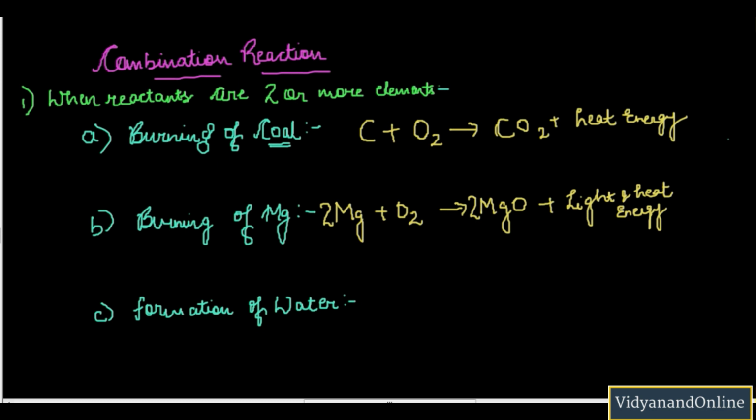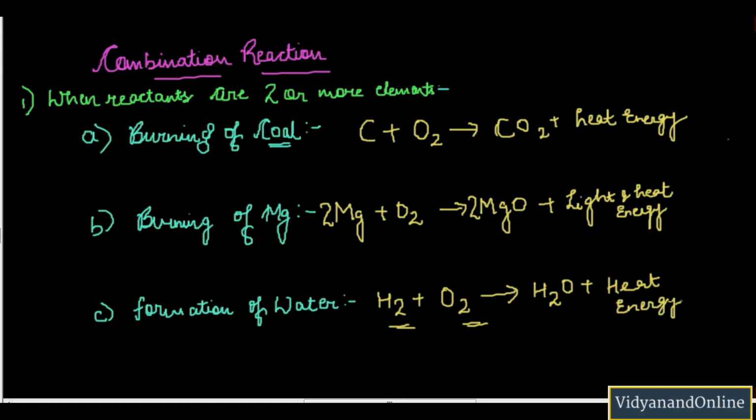Now formation of water. In order to form water, hydrogen gas reacts with oxygen gas. Let me tell you that hydrogen gas is a highly reactive fuel, so it voluntarily reacts with oxygen with an explosive release, and water is formed. So you have water here along with the liberation of a large amount of heat energy.